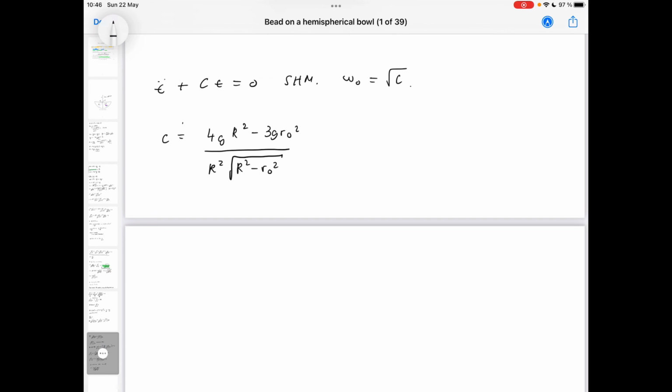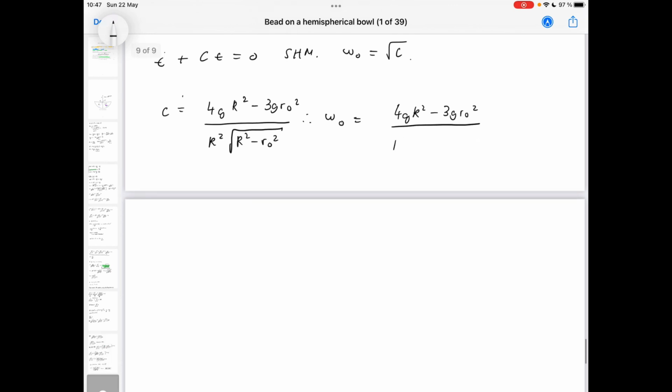And so therefore our omega naught is just this square rooted, right? So it's just going to be 4g R squared minus 3g R naught squared over R squared times the square root of R squared minus R naught squared, all under this big square root.